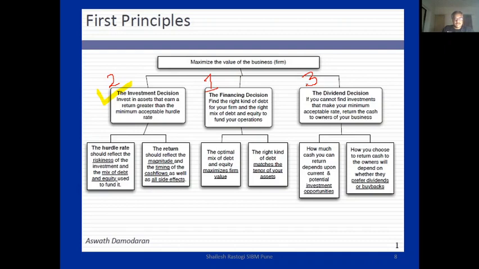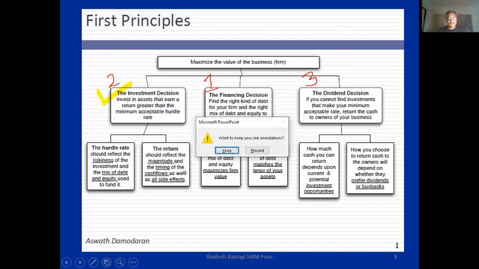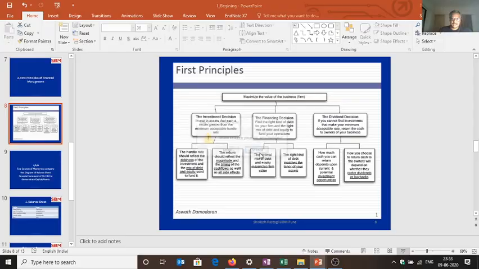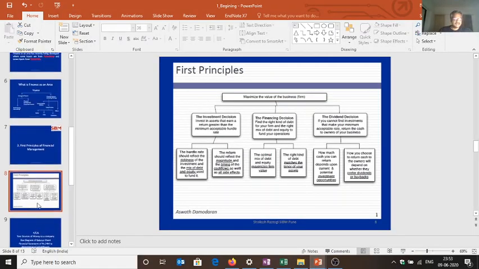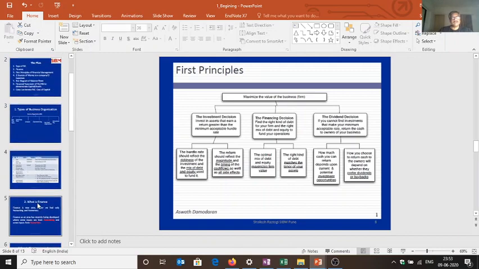First, the most important decision taken by any company or finance manager is to procure the money. Second is where to invest the money, and third is what to do when money has been procured, invested, and profit has been derived by the organization. These are the three important principles of decision making in financial management.